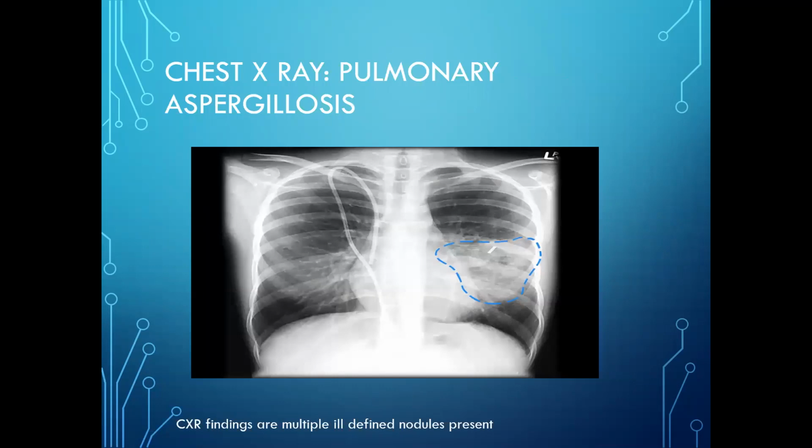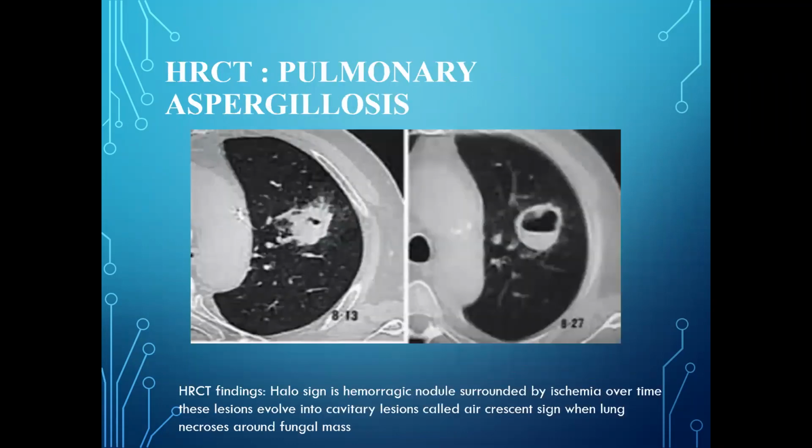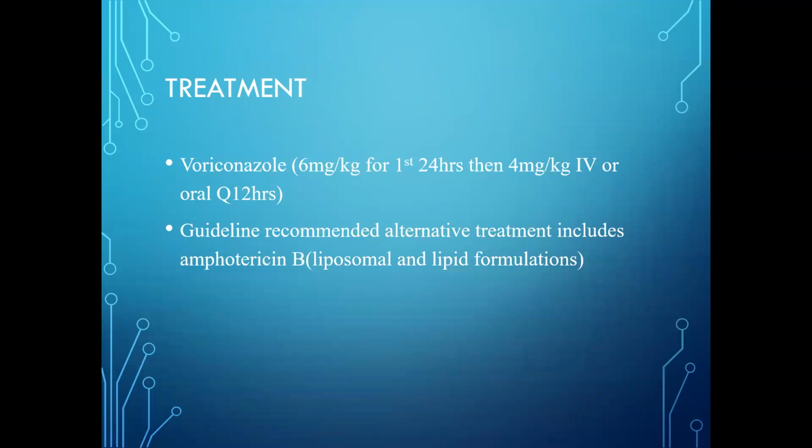See in this picture, chest X-ray of pulmonary aspergillosis. The findings are multiple nodules present in the chest. And in HRCT, the halo sign shows nodules surrounded by ischemia, and over time the air crescent sign appears in the fungal mass with lung necrosis.